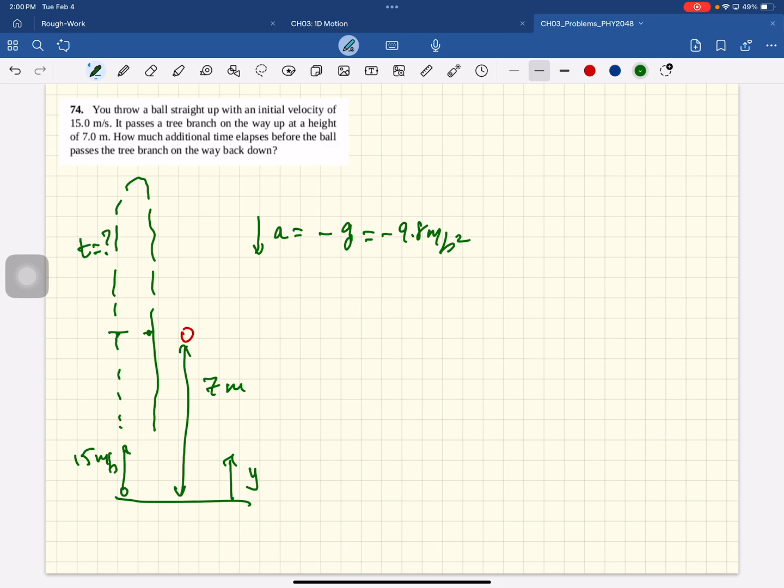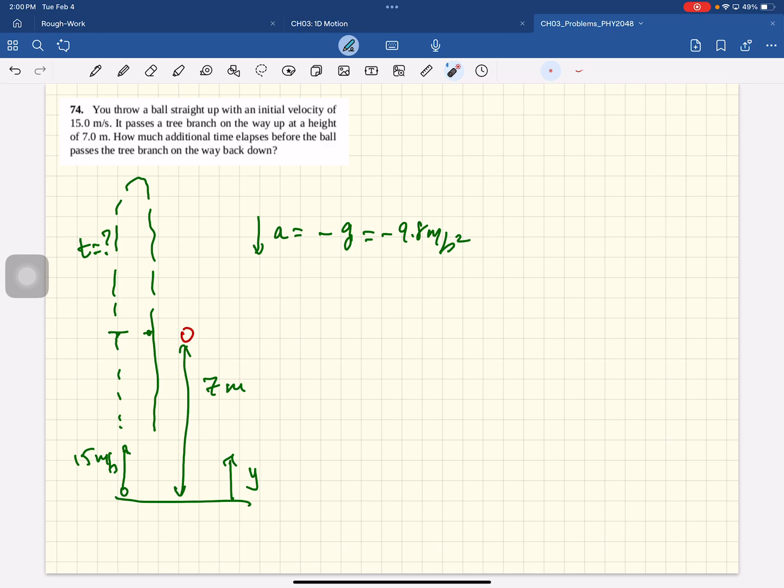I haven't proved this to you, but it's sort of intuitive: if you throw a ball up, the time it takes to reach its maximum height is the same time it takes to fall down. You understand that? So this time will equal that time. Maybe we might use that.